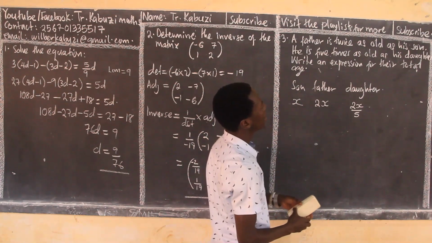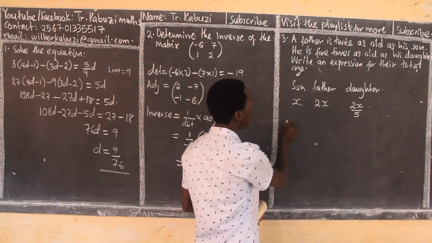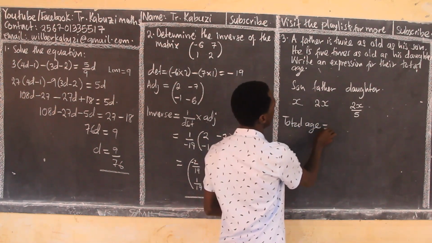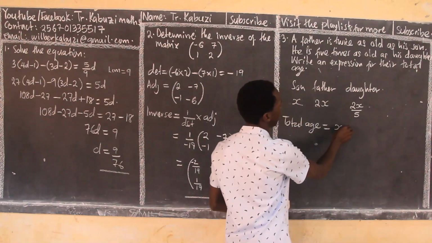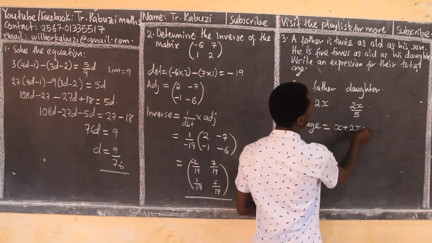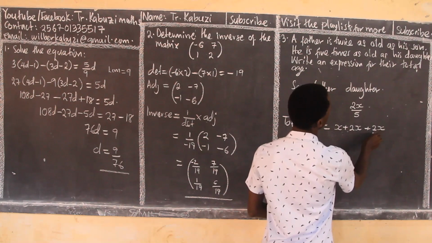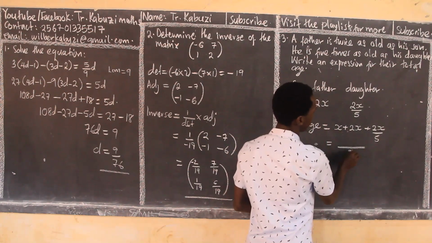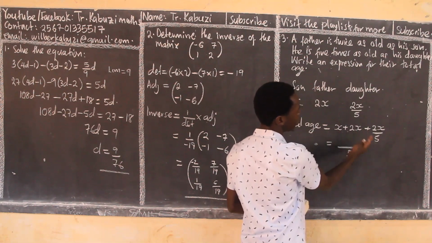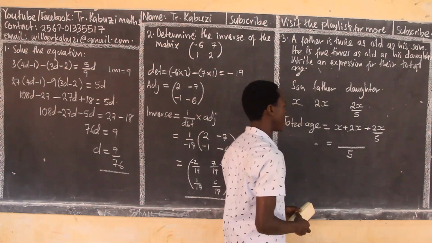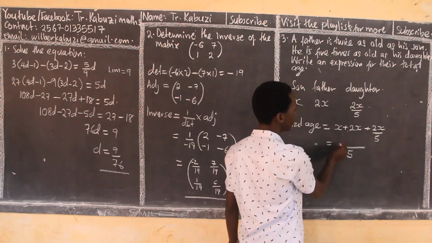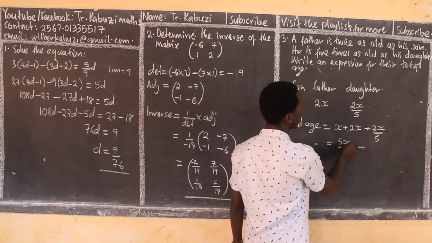Now they want us to write the expression for their total age. Their total age, we just sum. Their total age will be this x plus the 2x, then plus the 2x over 5. So there the LCM is going to be 5. This one is over 1, this one is over 1. So 1 time goes here, 5 times here we have 5x.